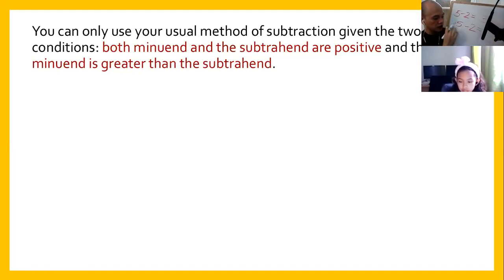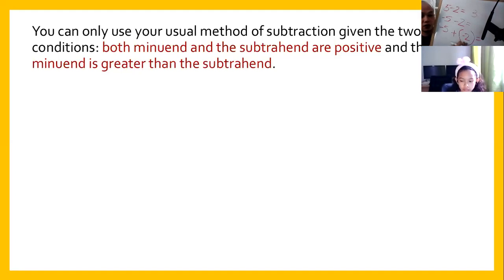So if you have negative 5, you copy negative 5. Change the operation to addition, and then this is positive 2. This is not negative 2, this is positive 2. So write the opposite, negative 2. Then proceed to addition. Negative 5 plus negative 2.